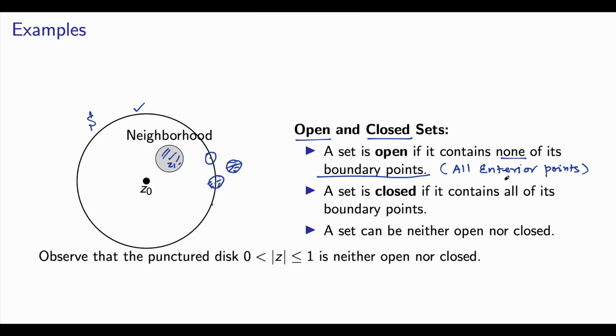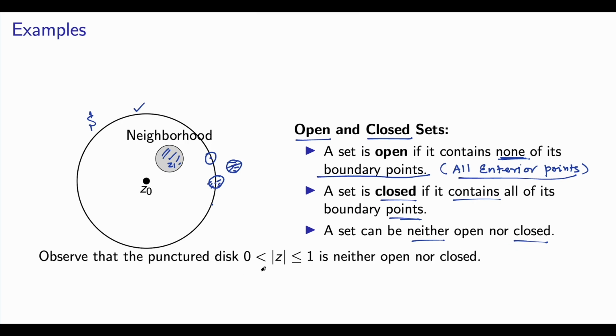So a set is said to be open if all its points are interior points, or it does not contain boundary points. None of its points are boundary points. Okay. A set is said to be closed if it contains all its boundary points. Okay. And a set can be neither open nor closed, right?